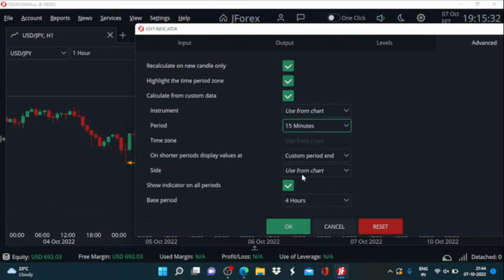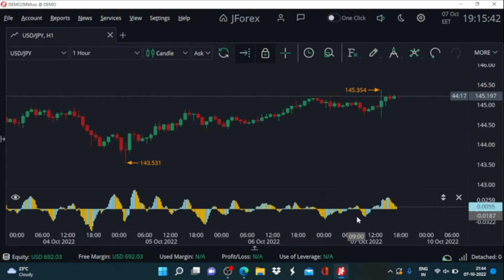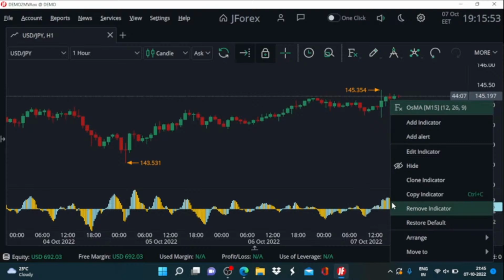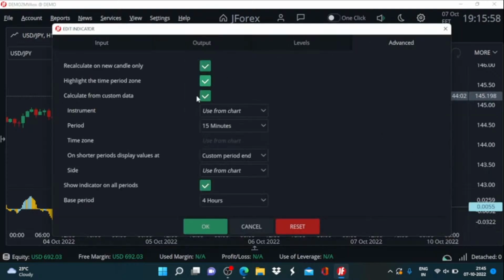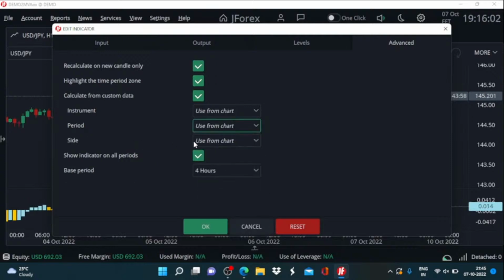Now suppose I want 15 minutes, even though the chart candlestick is of hourly time frame, the calculation for the indicator is going to be done using the candle period of 15 minutes for each candle which is being considered for this calculation purpose. Now I will restore it back.